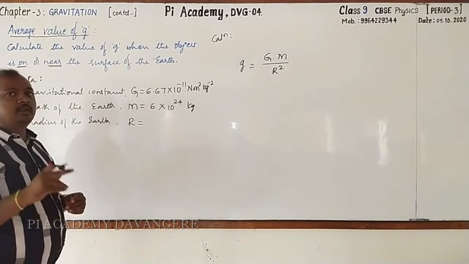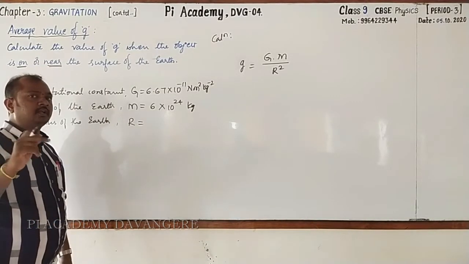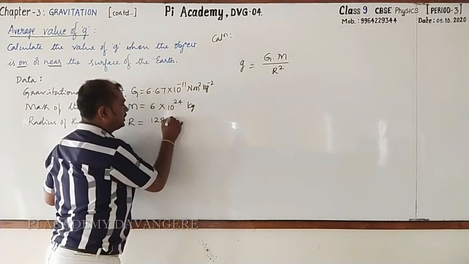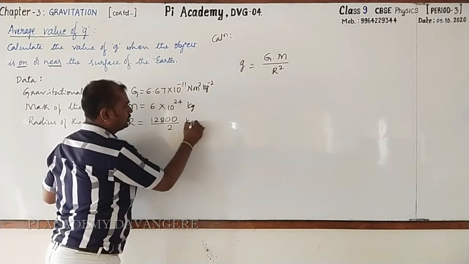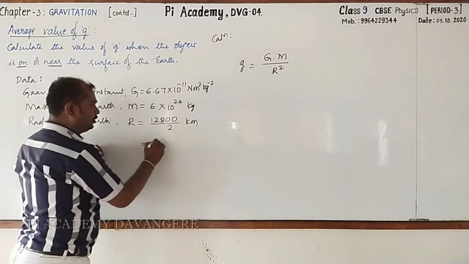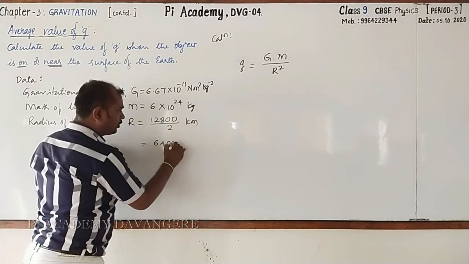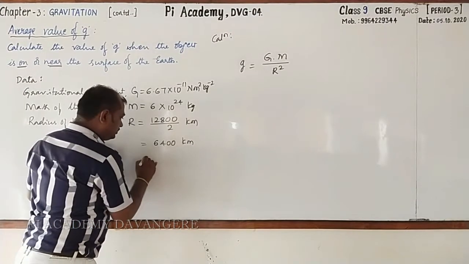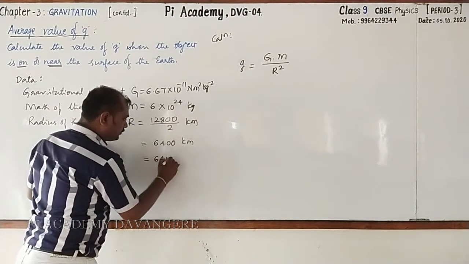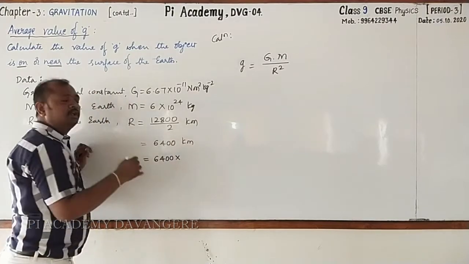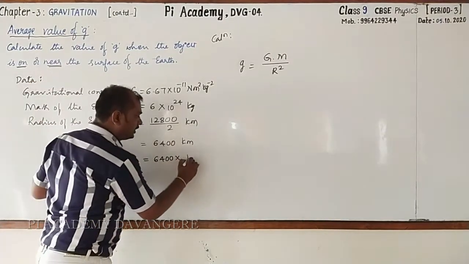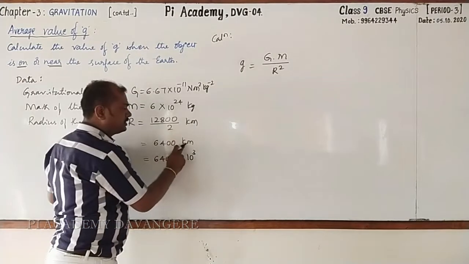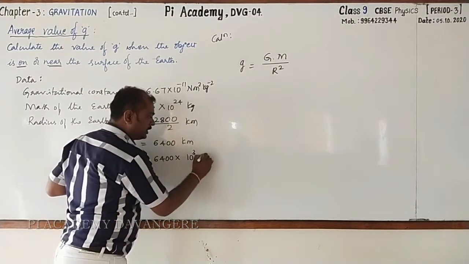Diameter is 12,800 kilometer and radius is half of that. So 12,800 divided by 2 kilometer is equal to 6,400 kilometer. Followed? And it can be written as 6,400 into kilo. Kilo means how much? Kilo is 1,000, which can be written as 10 raised to the power 3 meter.